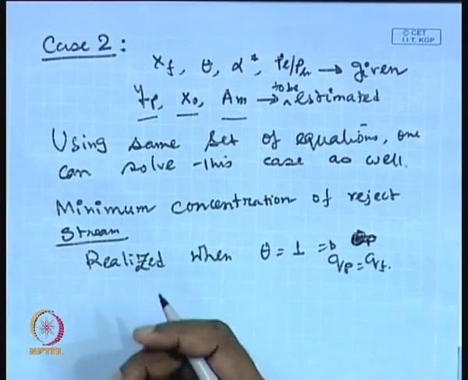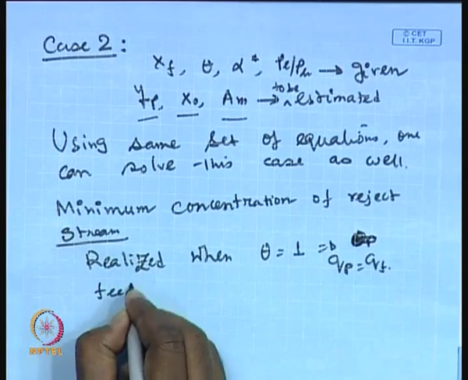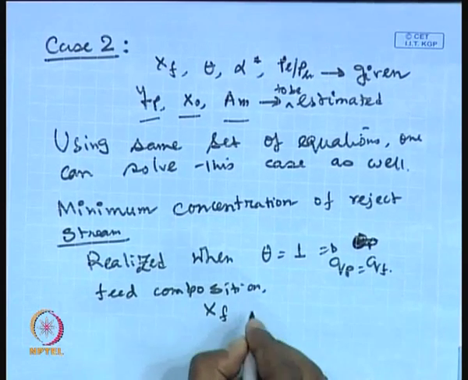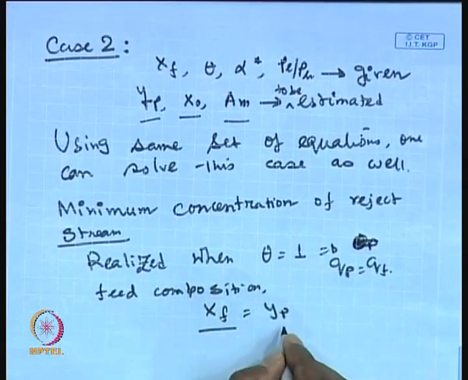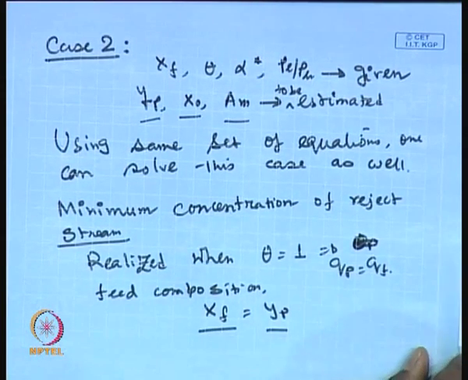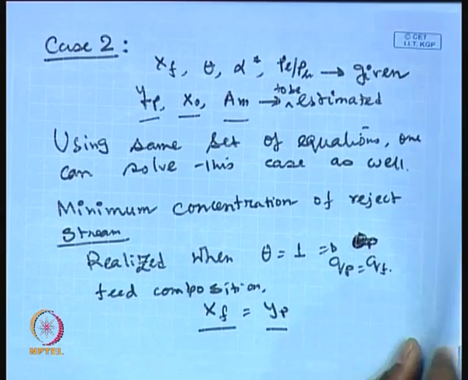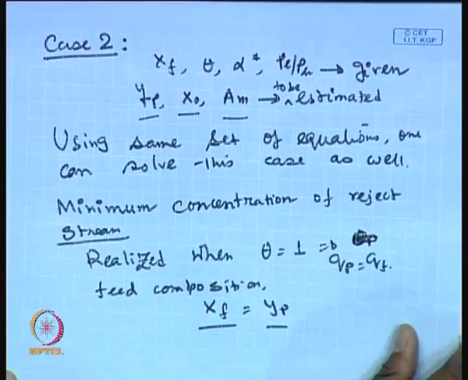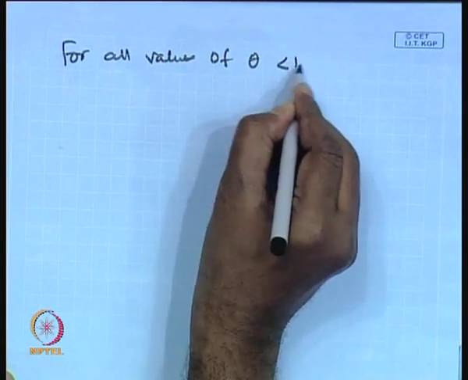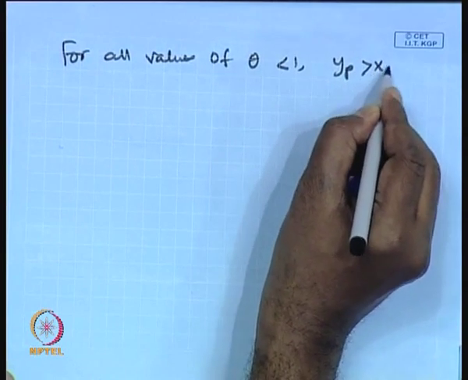You are extracting the full value of feed in the permeate stream, and the feed composition becomes xf is equal to Yp. That means the mole fraction of the feed will be equal to the mole fraction of the particular species in the permeate. Now, for all values of theta less than 1, and that is important, Yp is greater than xf.